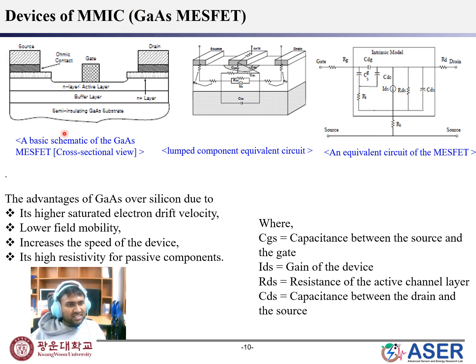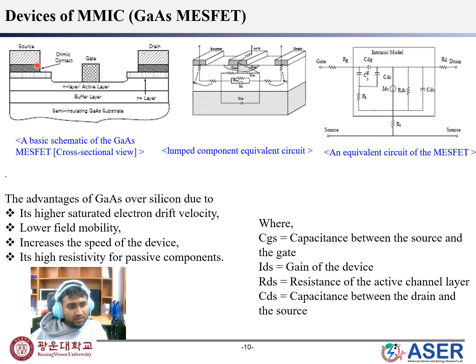This one shows a basic schematic of the gallium arsenide MESFET cross-sectional view, and this one is the lumped component equivalent circuit of the gallium arsenide MESFET, where CGS is the capacitance between the source and the gate, IDS the gain of the device, RDS the resistance of the active channel layer, and CDS the capacitance between the drain and the source.